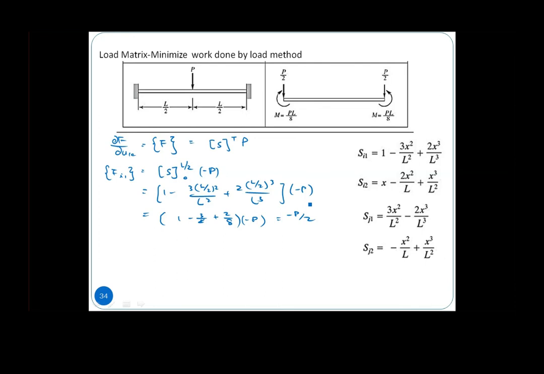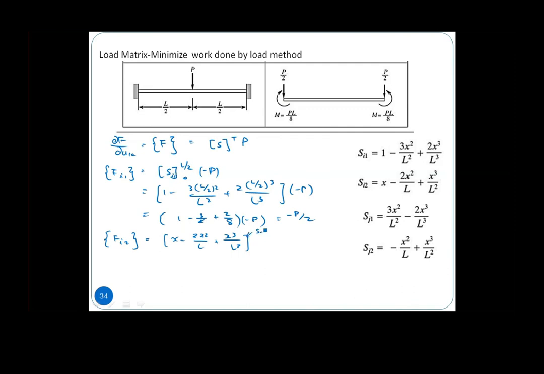So if I want to find Fi2 in this case, also the same. So we are having the same things. We have x minus 2x squared over L plus x cubed over L squared.